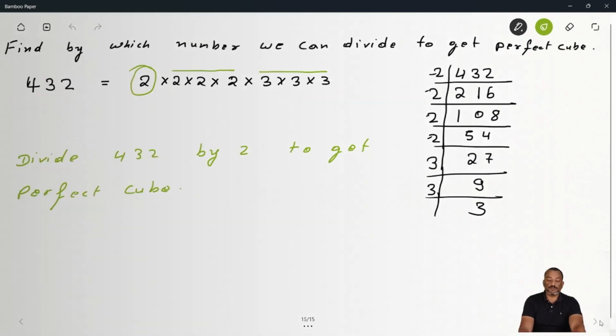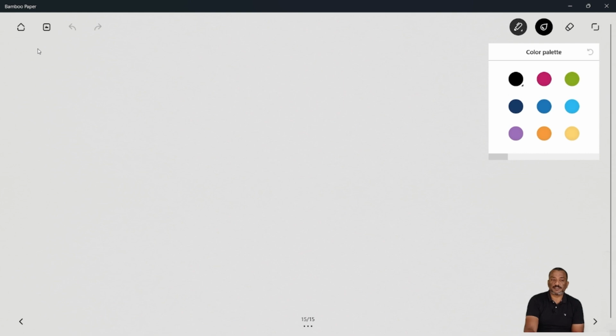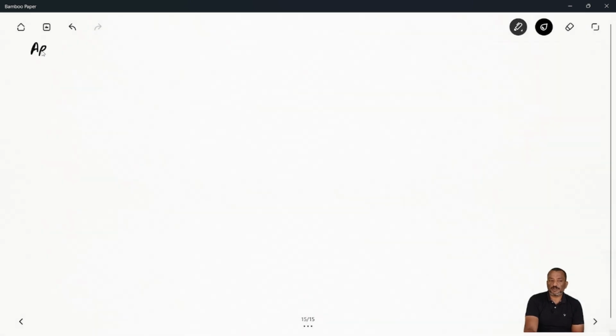Now, you have understood what a cube is, the properties of cubes and everything. Now coming to the applications, where these chapters are used in real-life applications. So we will see some applications of cubes and cube roots.